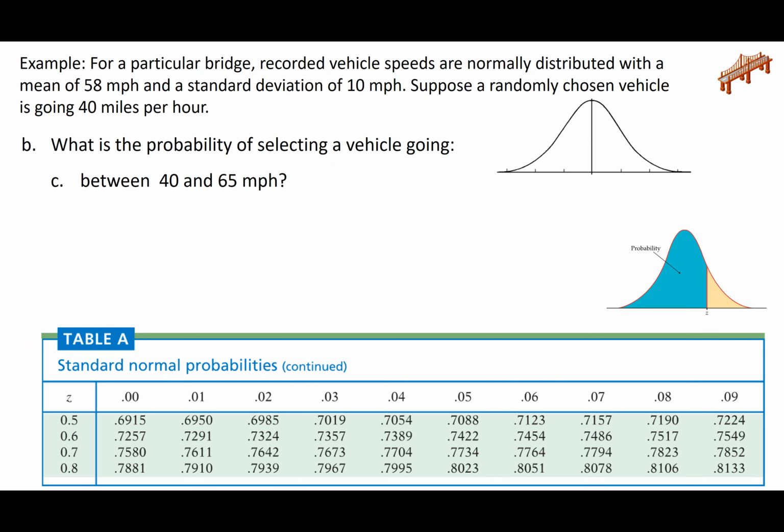Before percentiles, what is the probability of selecting a vehicle going between 40 and 65? So 58, 68, 48, 38. So 40 is here, and 65 is here, and I want to know this area.